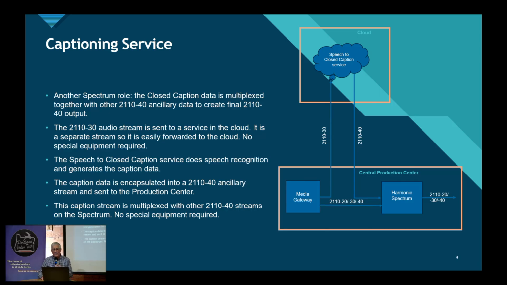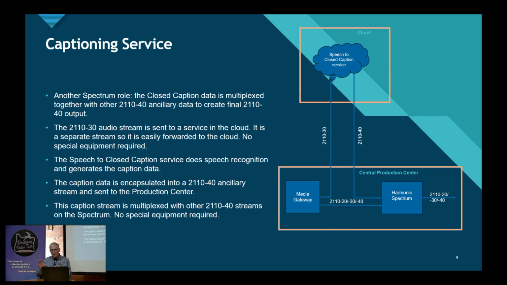Another role of the Spectrum here is to deal with the closed captioning. We saw coming from the media gateway there is 2110-30, which is the audio stream. Now, that audio stream can go to multiple locations, and one thing that it can do is go up to a service in the cloud.